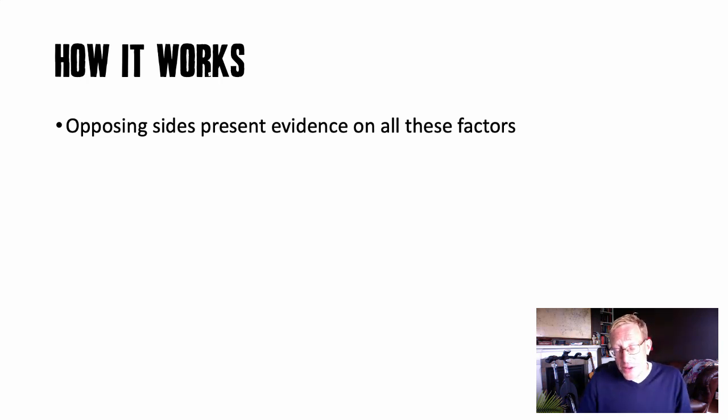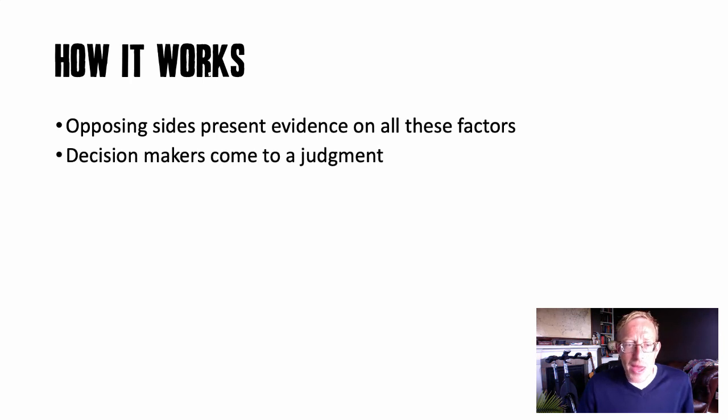So the working theory of oligopoly works basically in this way. What you have are two opposing sides. They're going to present evidence on the factors that are at work in the case, and a decision maker comes to some judgment. So you have the prosecution, you have the defense, and there's an allegation that these companies are acting as a cartel.